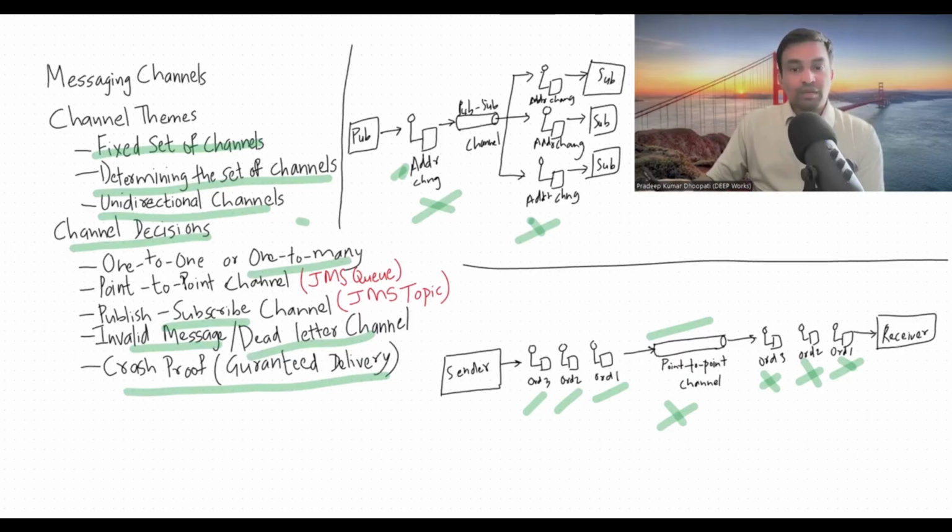If the performance degradation is okay and message loss is not okay, then you have to go for the guaranteed delivery option. With this, I'll stop here and continue.